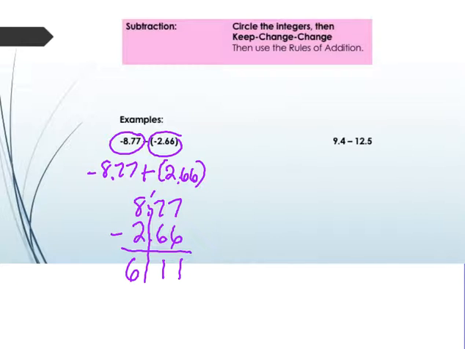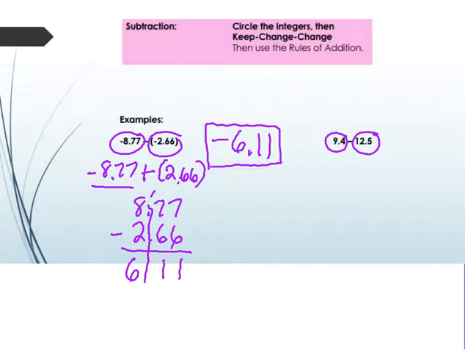Ask yourself which number is larger. It would have to be the negative 8.77. Answer is negative 6.11. It's negative because the larger number was negative. Example number 2. Circle our two integers, keep 9.4, change to a negative 12.5.